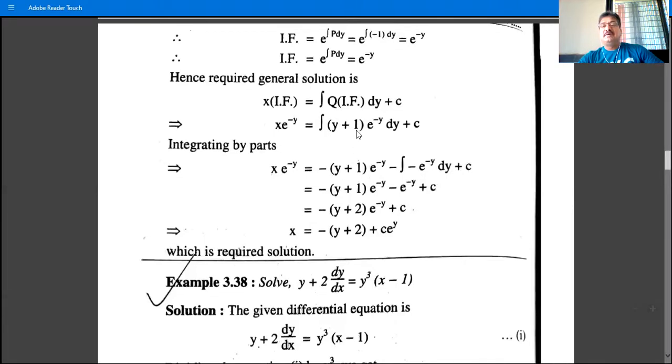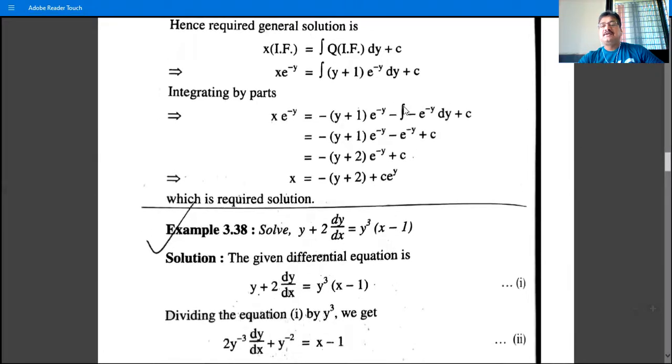So y plus 1, that is first, integration of second e raised to minus y, integration is e raised to minus y divided by minus 1, means minus e raised to minus y, minus integration of second e raised to minus y, integration is minus e raised to minus y, derivative of first y plus 1, derivative with respect to y is 1, and then e raised to minus y, minus becomes plus, and again e raised to minus y, integration is e raised to minus y divided by minus 1, so here we have minus sign, and this is the answer.